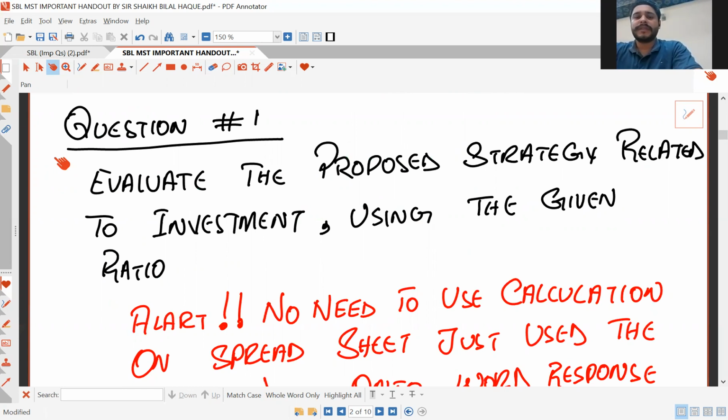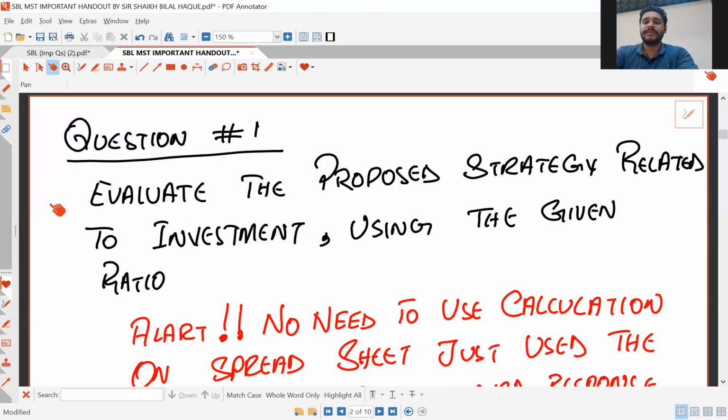Moving forward, evaluate. Now there are different types of questions that you can be asked. Number one is evaluate the proposed strategy related to the investment using the given ratio. Now, how will you be evaluating it?